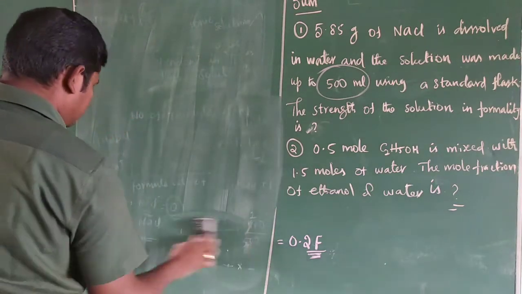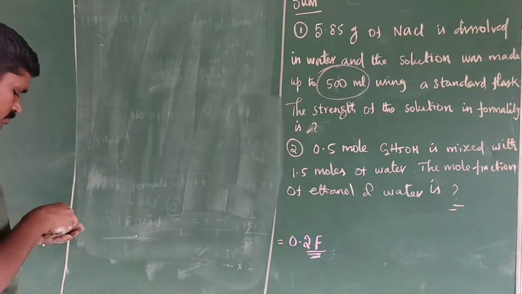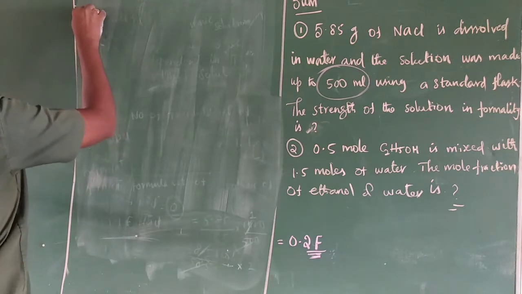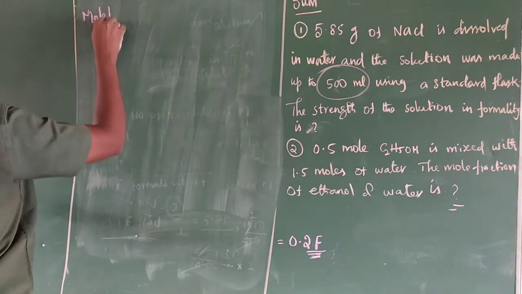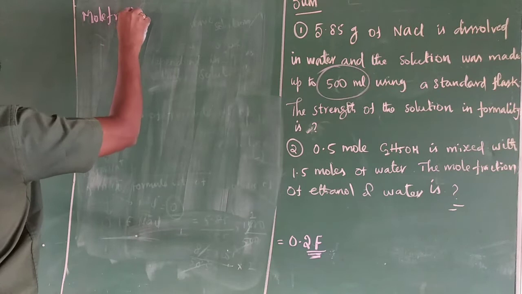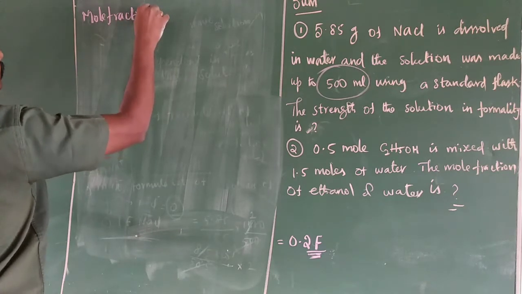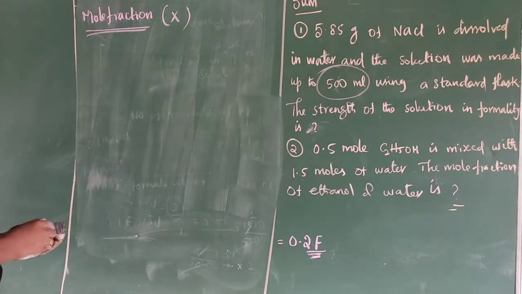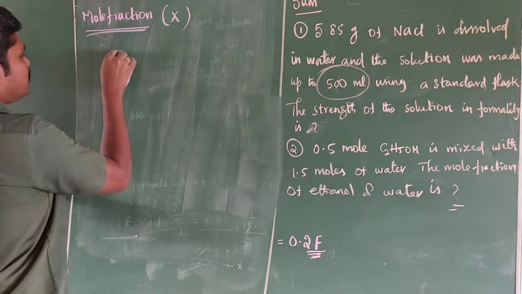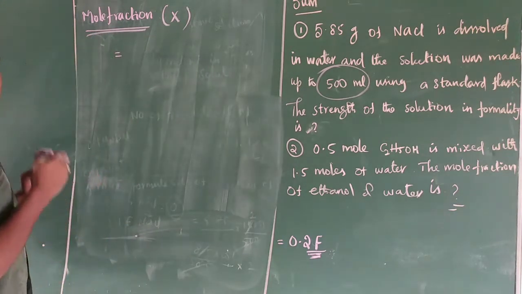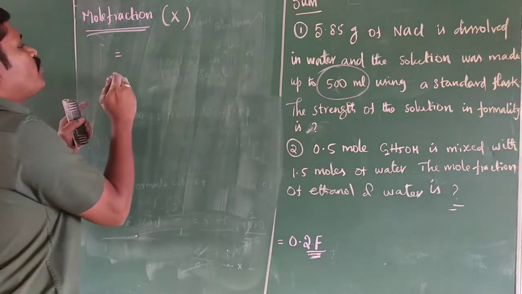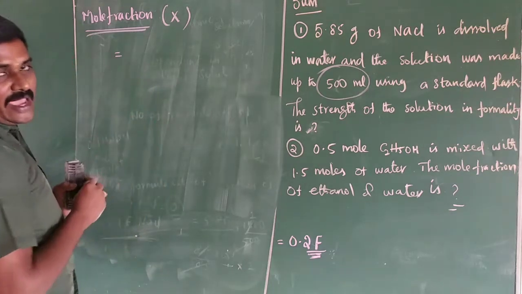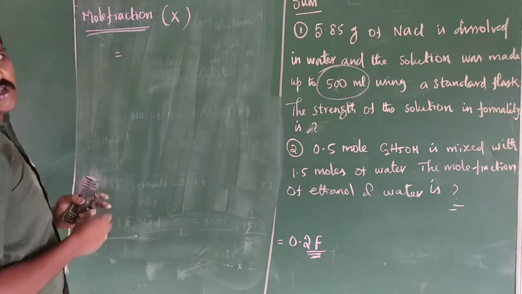The next one is mole fraction, symbol X. The mole fraction is the ratio of the number of moles of a component divided by the total number of moles of components.